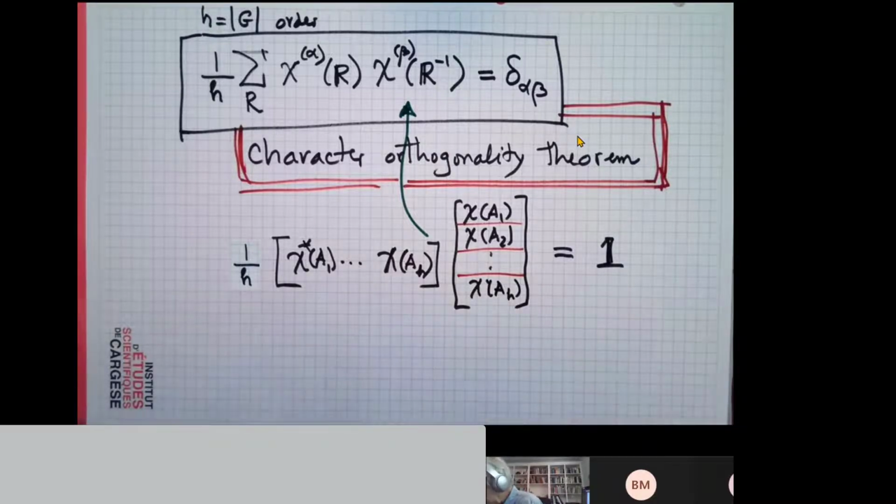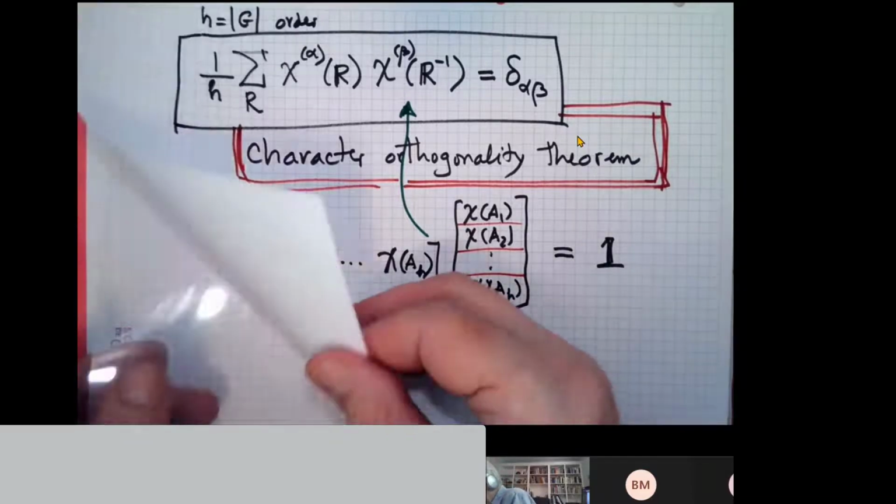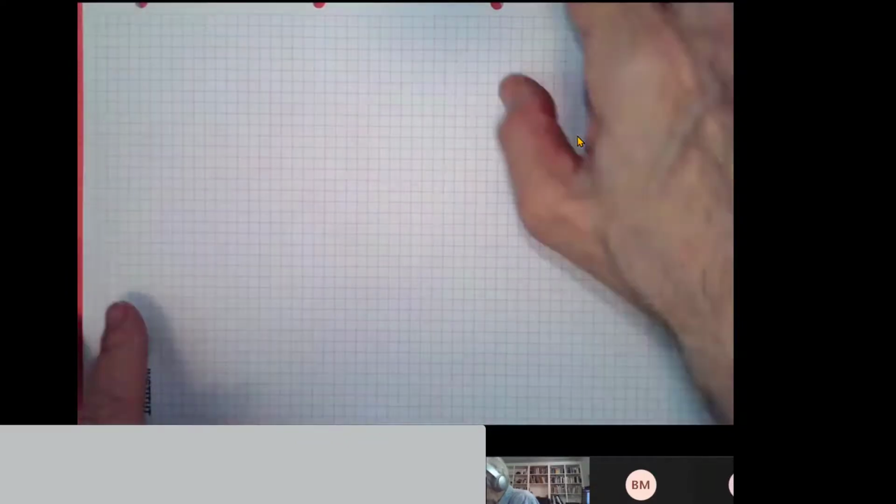I have to remember what the class does. Class said that the character for any group element in the same class is the same.